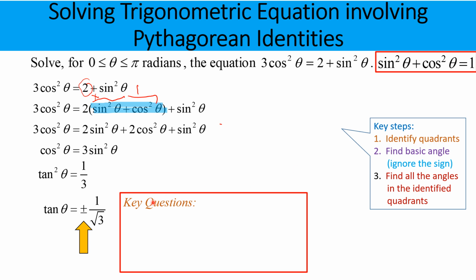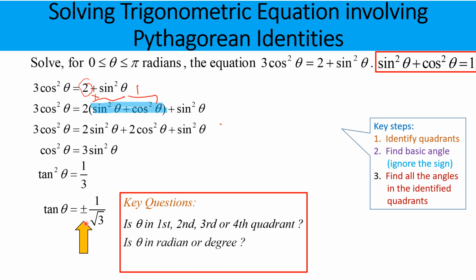We have tangent theta equals plus and minus 1 over square root of 3. Whenever there's a plus and minus sign, we consider the 4 quadrants: will theta be in all 4 quadrants? If tangent is positive, which quadrant will angle theta be in? And when tangent is negative, which quadrant will theta be in? These are the things we want to consider.